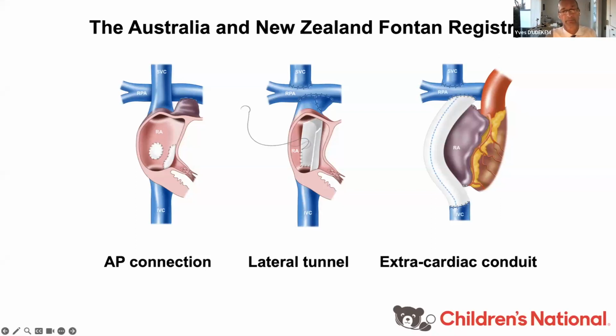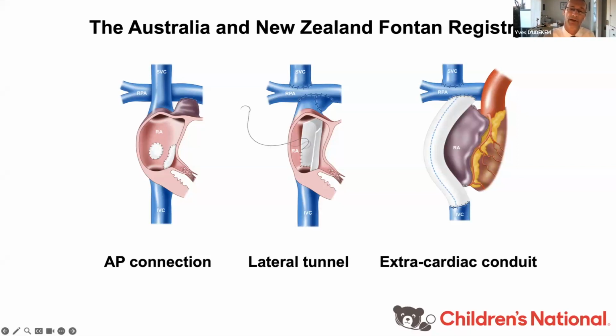And so my mentor, Marc Delaval, designed this more streamlined operation, the lateral tunnel, which allowed the blood to go from the SVC to the right PA mainly, and the IVC to the LPA. And the natural evolution for everybody was the extracardiac conduit.